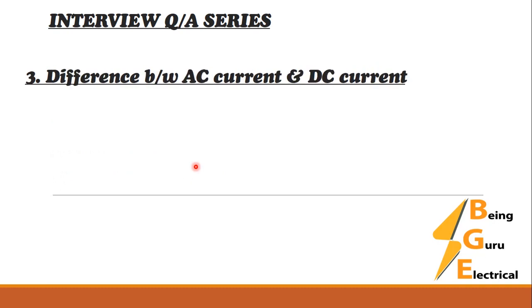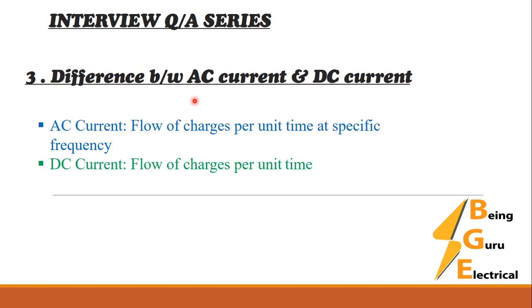Now the next question: what is the difference between AC current and DC current? This is also a basic engineering question, and I was asked about this in the substation. AC current is defined as the flow of charges per unit time at a specific frequency.